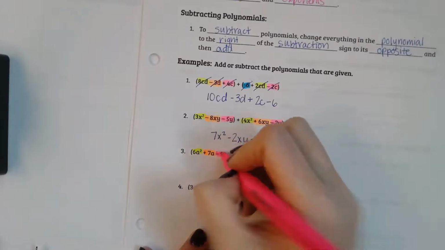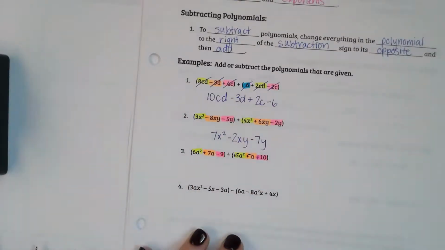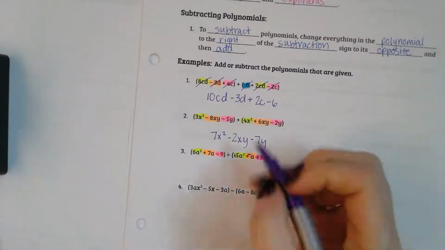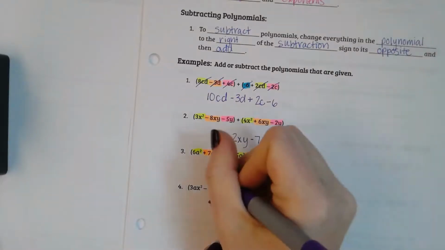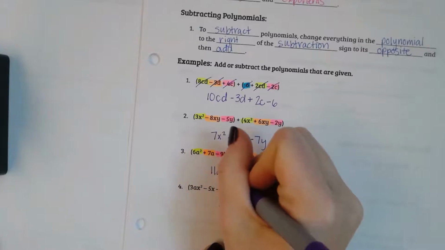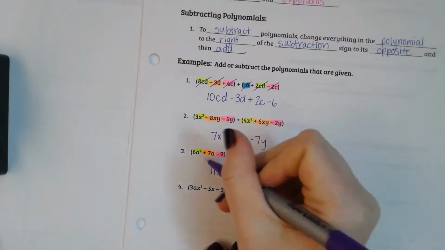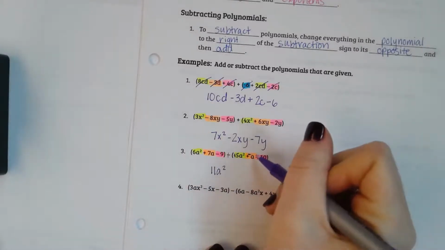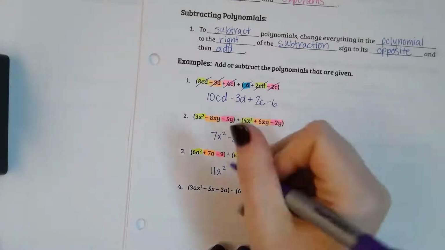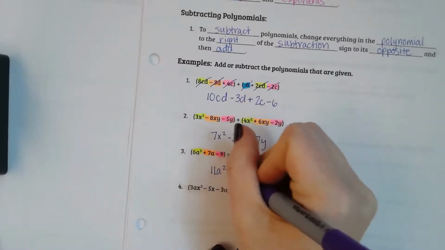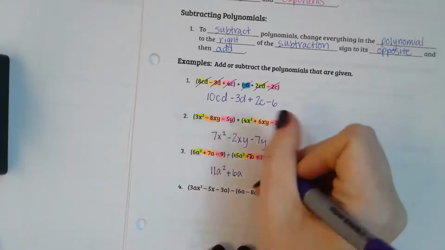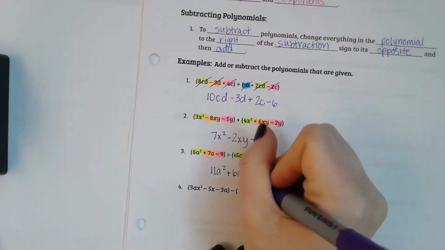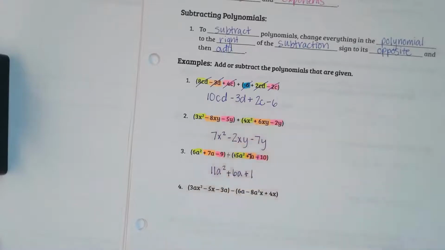And the negative 9 and the positive 10. So when I add those, 6 and 5 is 11a squared. Then 7, and then this is negative a, so that's a negative 1. So that would be 6. Then negative 9 plus 10 would be a positive 1.